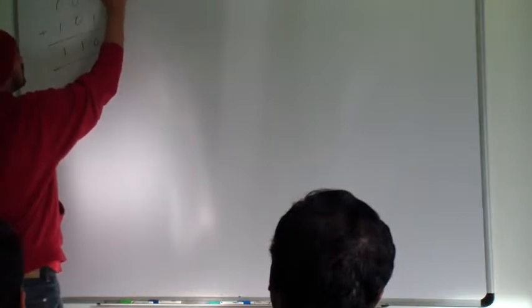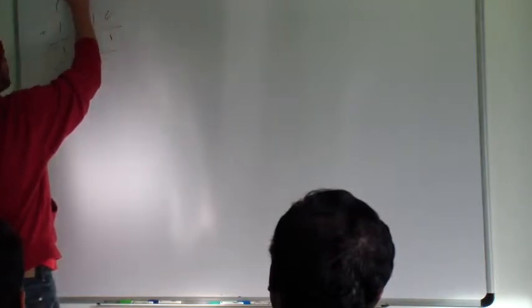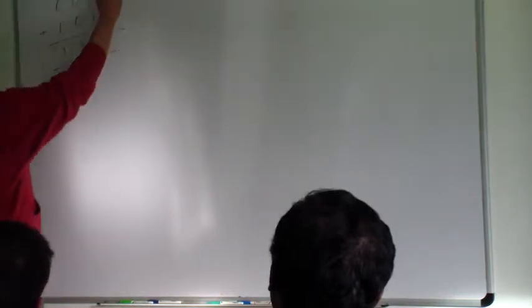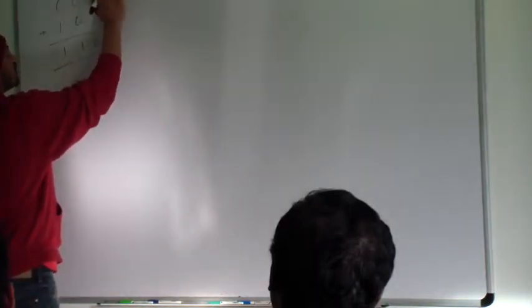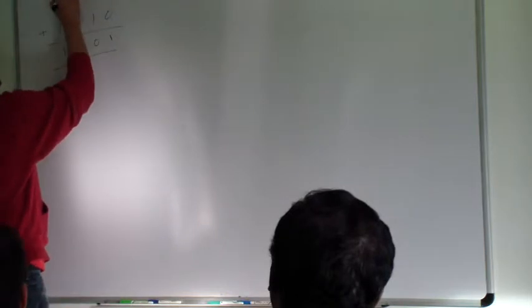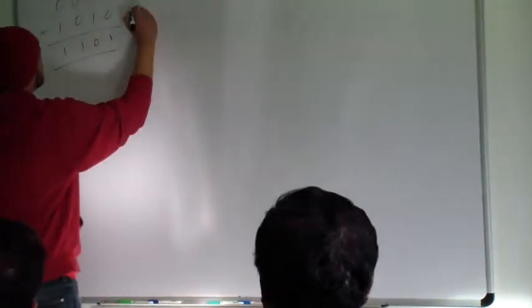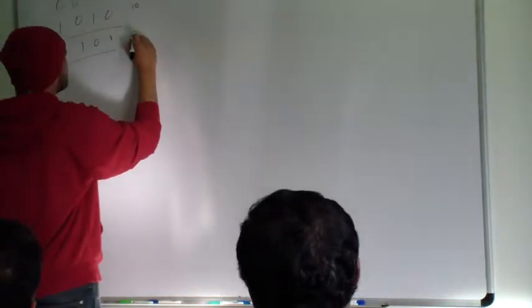So 2 to the power 0, 2 to the power 1, 2 to the power 2, 2 to the power 3. Correct? Is 1, 2, 4 and 8. So now this number is 3 and this number is 10. So the total should be 13. This is 13.